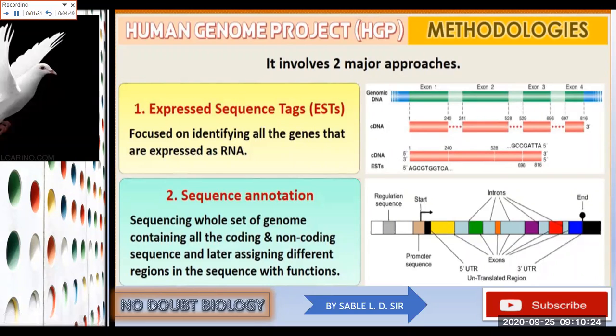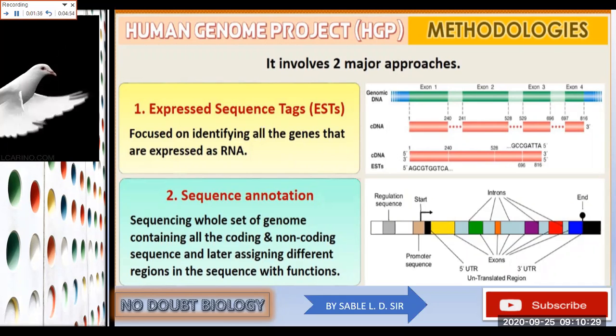So all the codes are studied sequentially for the regions in the sequence with their functions. These are the two approaches behind the Human Genome Project.